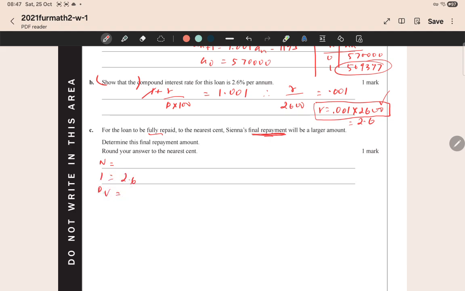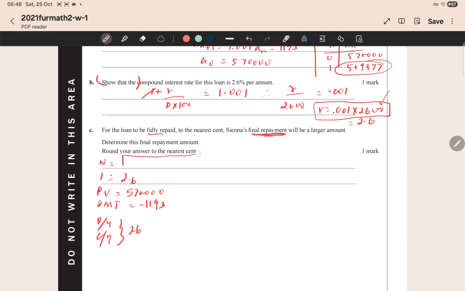These are the values that you put into your calculator. PV is positive, PMT is your payment, which is minus 1193. PPY and CPY are your payments per year and compounds per year, which is obviously 26, being fortnightly.